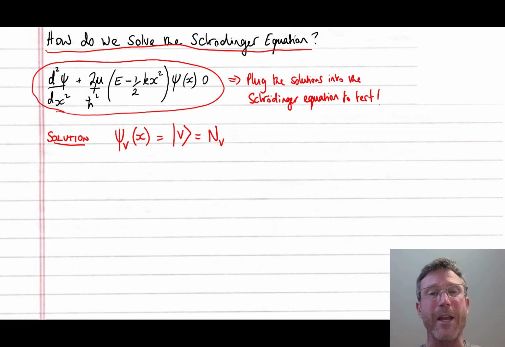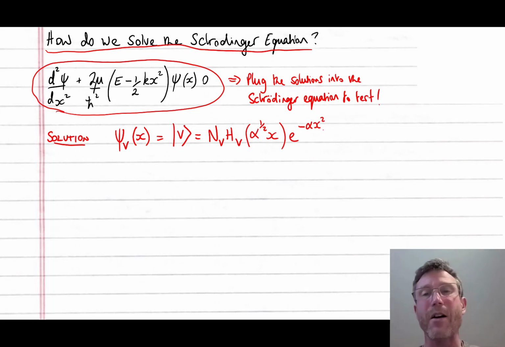I'll tell you in a second. Capital H sub v, and capital H is a function of a term alpha to the half multiplied by x. And the last part of the solution is this exponential term, e to the minus alpha x squared over 2.